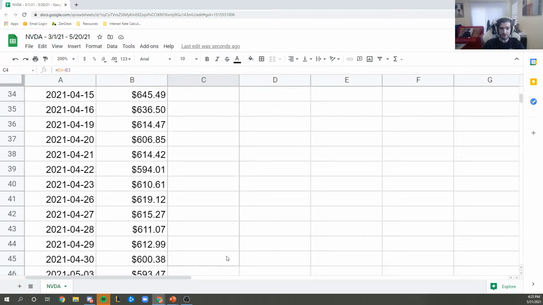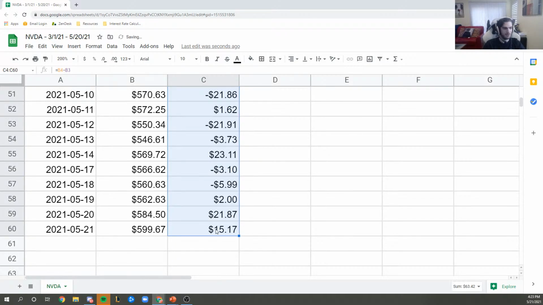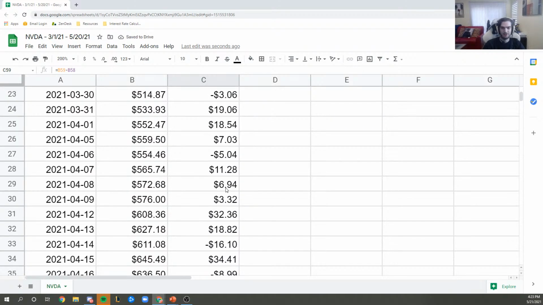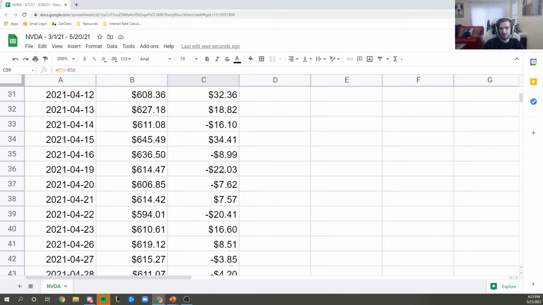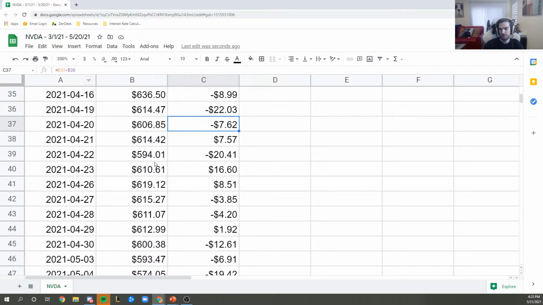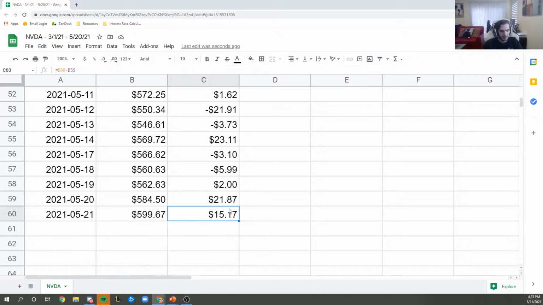So let's take it a little further, because this data goes all the way up to today. So now what we have is the percent change from every single day, where let's click here, for example. We see that this equation is saying the price from the 19th minus the price from the 16th. Let's check another one. This one is saying the price from the 6th of May minus the price from the 5th of May, all the way down.